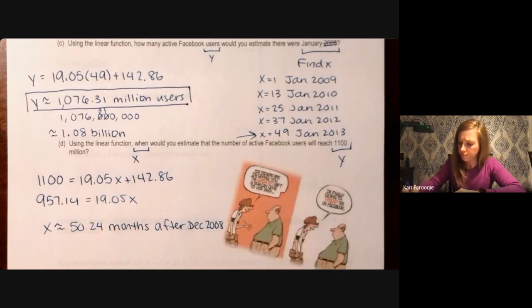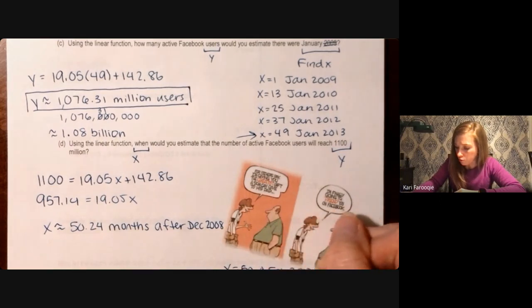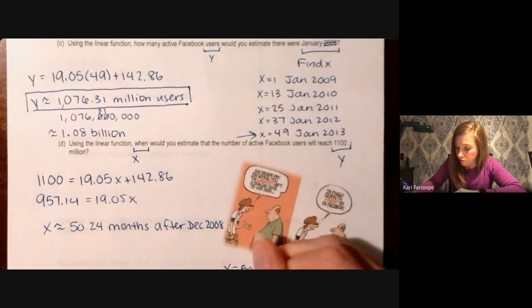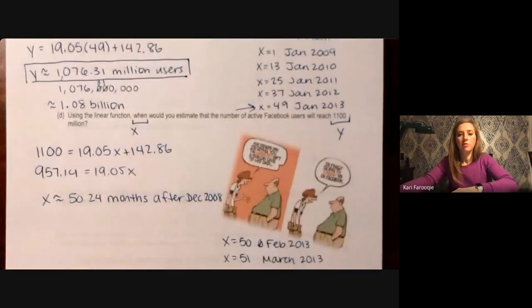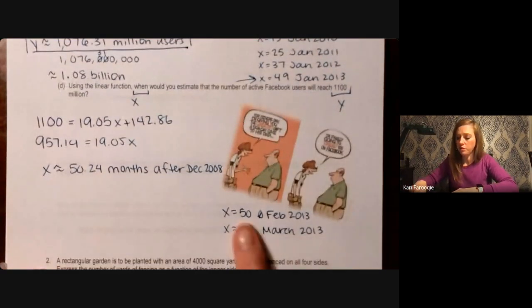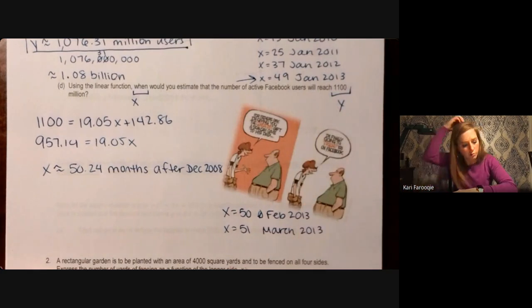So 50 would be February of 2013. And then 51 would be March of 2013. Oh, sorry, I'm writing and you can't see. X is 50, that corresponds to February, and then x equals 51 is March.